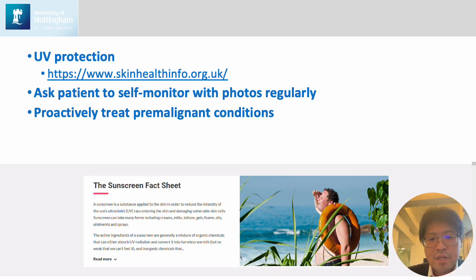And proactively treat any premalignant conditions such as actinic keratosis, as that's an important step in preventing skin cancers in the first place. And if there are any signs of danger, any signs of abnormalities, do refer early so that the patients can get the best care possible.